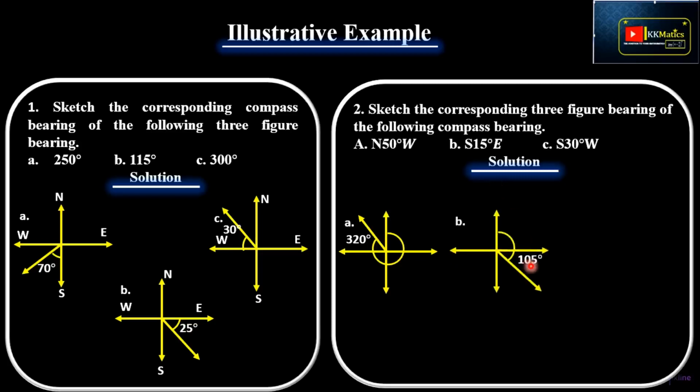Considering C, we know that will be in the third quadrant, so we add 180 degrees to 30 degrees, which gives us 210 degrees.